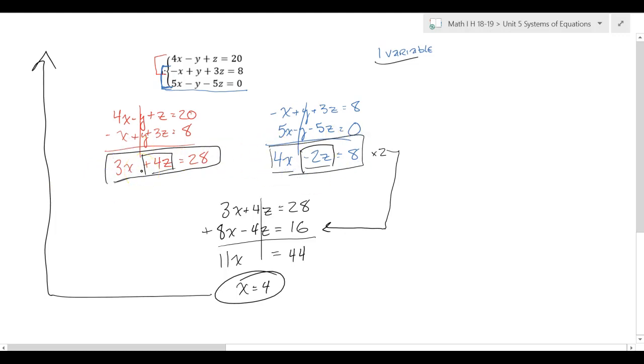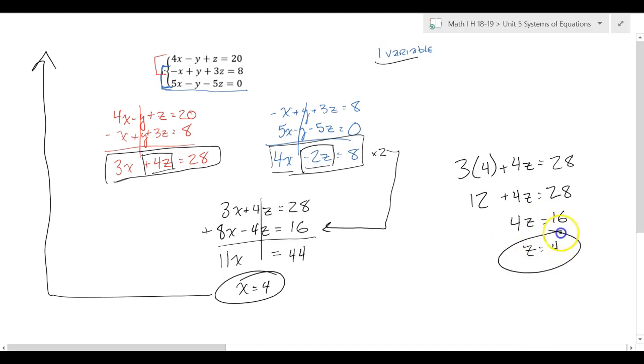I'm going to use the red one just because I chose to. So 3 times 4 plus 4z equals 28. 3 times 4 is 12 plus 4z equals 28. 4z equals 16 and z equals 4.